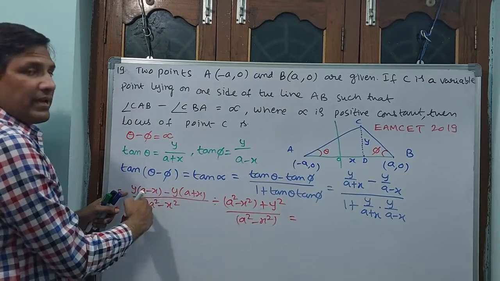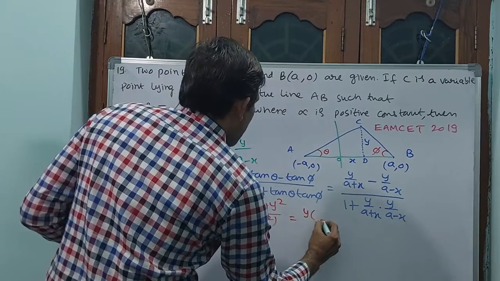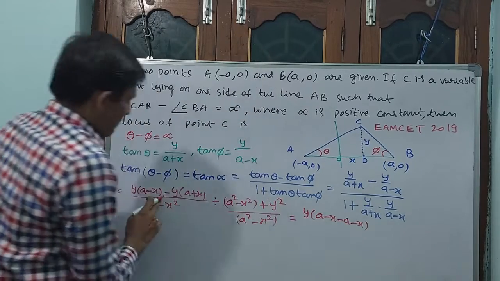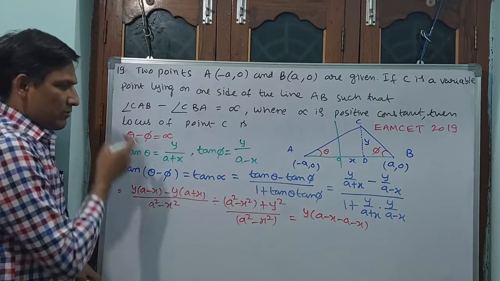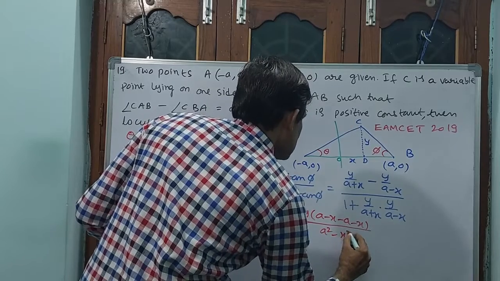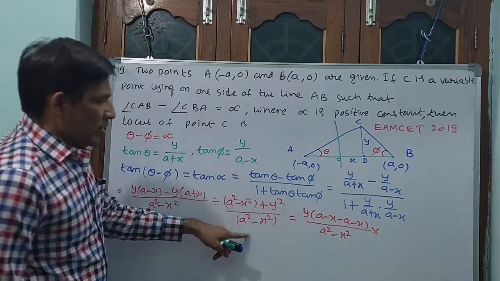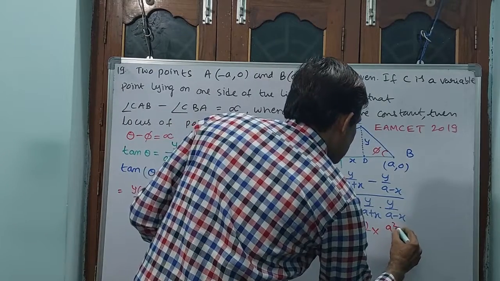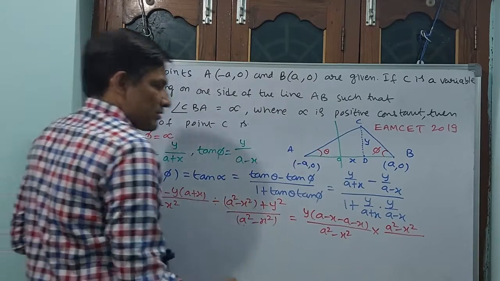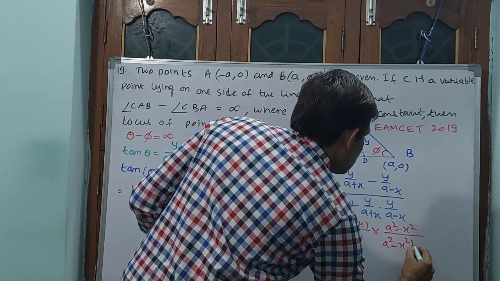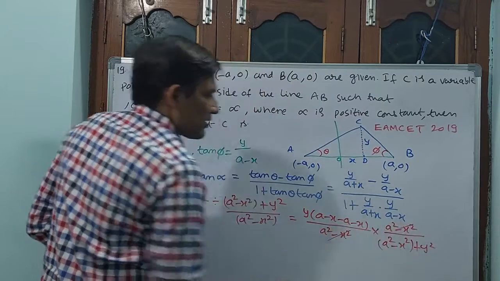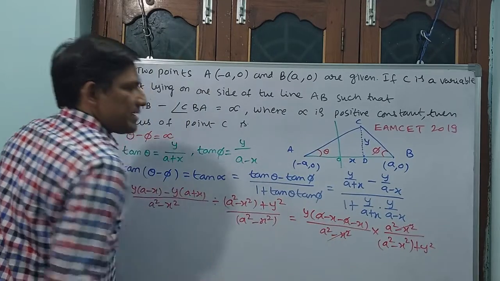And also you take y common: y times (a minus x minus a minus x), because outside minus is there, divided by a square minus x square, into, now a square minus x square goes to the numerator, a square minus x square plus y square. A square minus x square you cancel out, and inside, a minus a gets cancelled out.